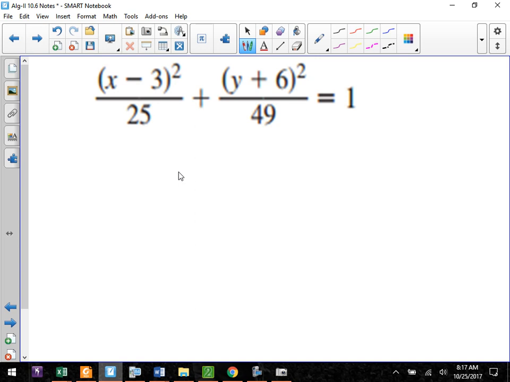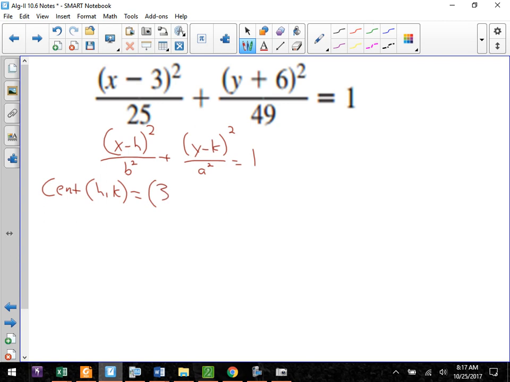So we have the formula (x minus h) squared over b squared, plus (y minus k) squared over a squared, where our center is still located at h and k, which in this case is at 3 and -6.